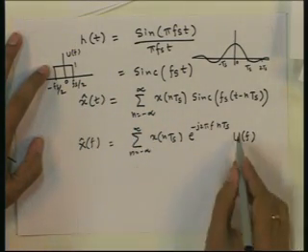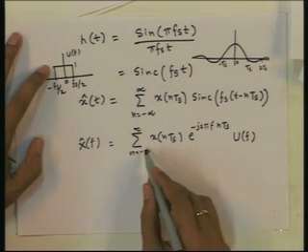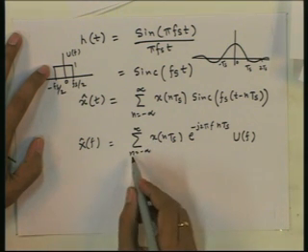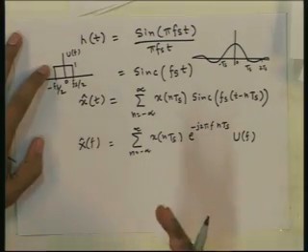And now this is independent of n, so this comes out, and what is this? This is nothing but our DTFT of the discrete time signal. And we have already discussed that if the sampling frequency is greater than the Nyquist rate, then the DTFT does not have any mix up of shifted components of the original frequency response. So in the range of minus pi to pi, the DTFT is exactly the same as the Fourier transform of the original signal.